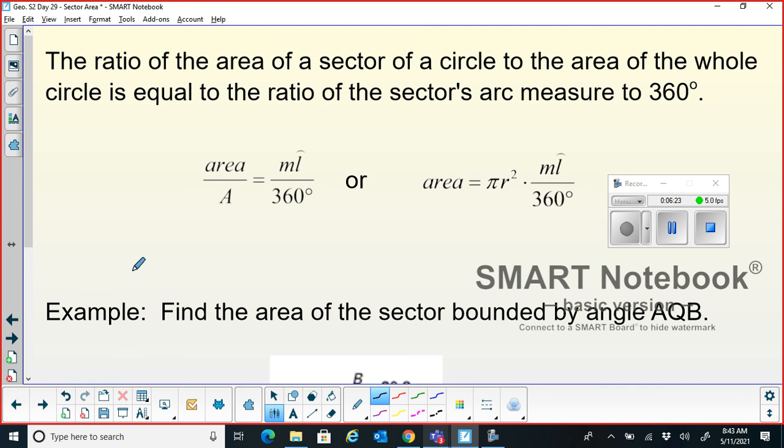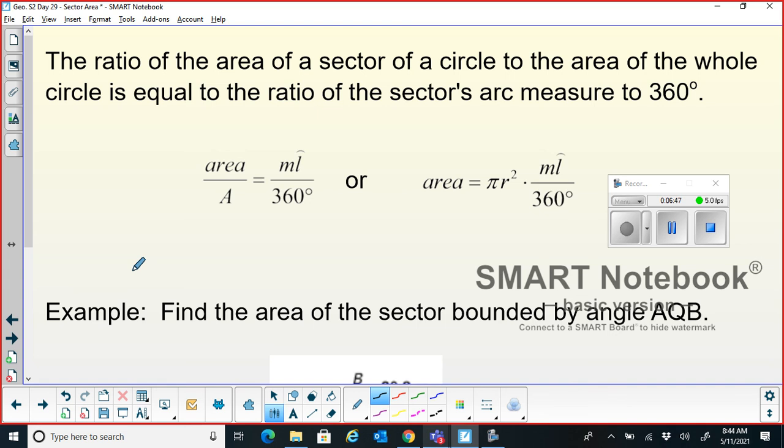Same way, we follow the same technique as we followed finding the arc length. The ratio of the area of a sector of a circle to the area of the whole circle is equal to the ratio of the sector's arc measure to that of 360 degrees.